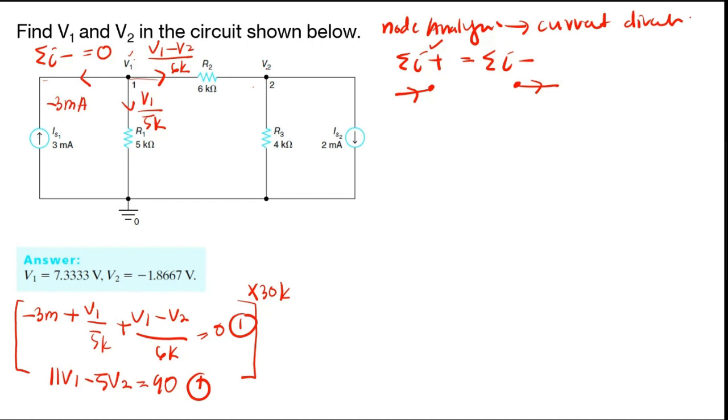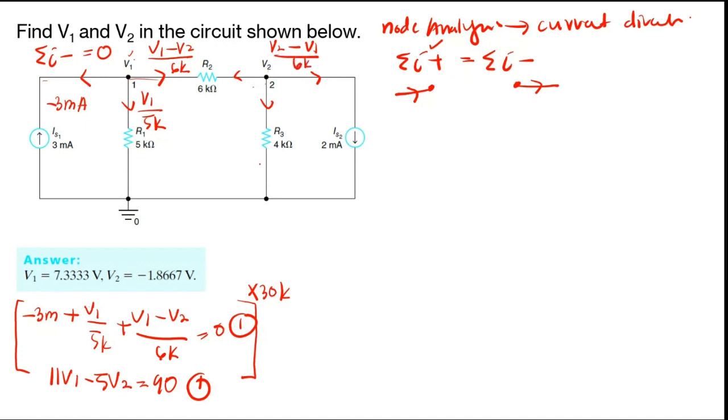And then you also have node V2 here. For node V2, let's say we also take the current directions as leaving the node. If you follow these directions leaving the node, you will have V2 minus V1 over 6.